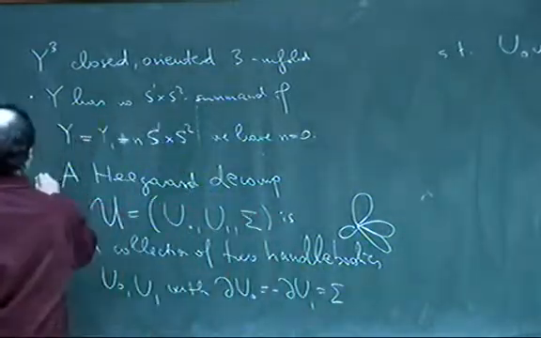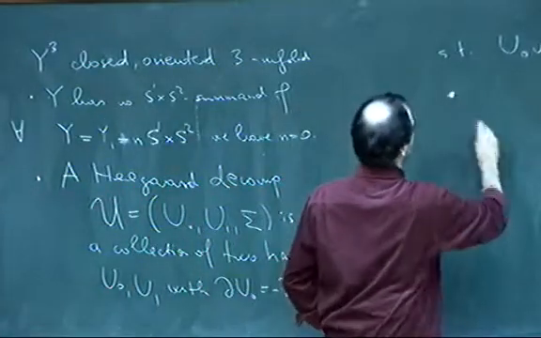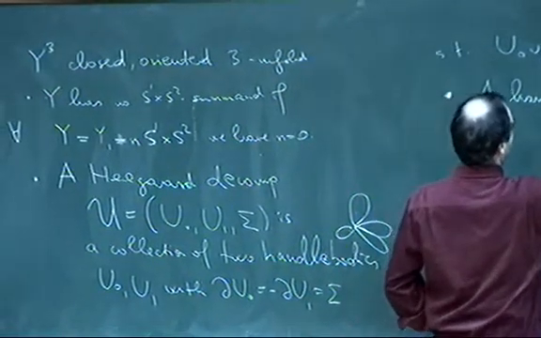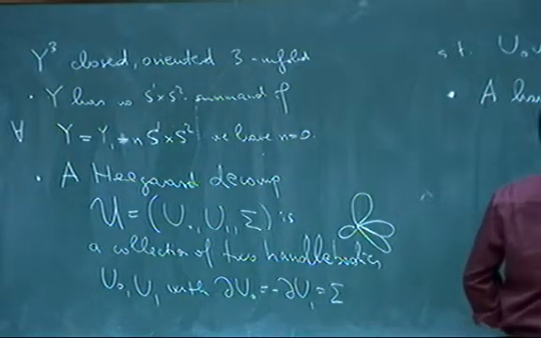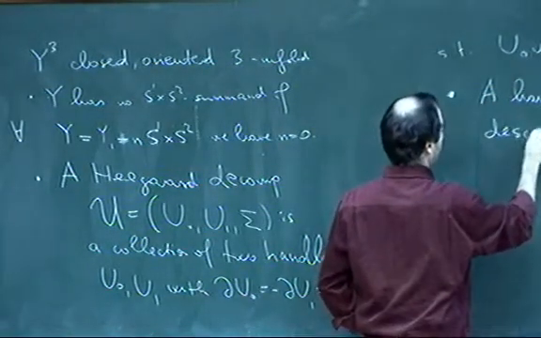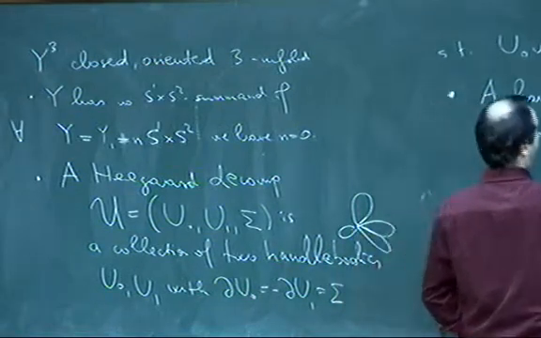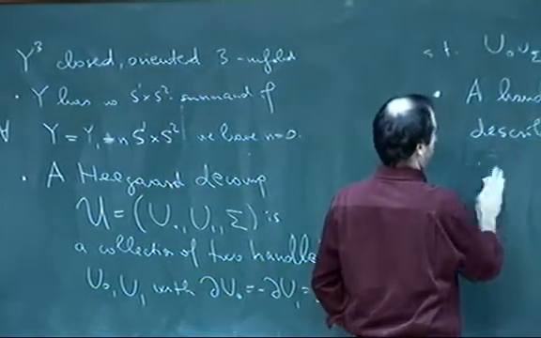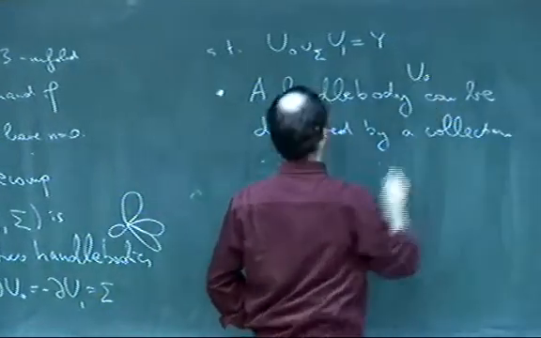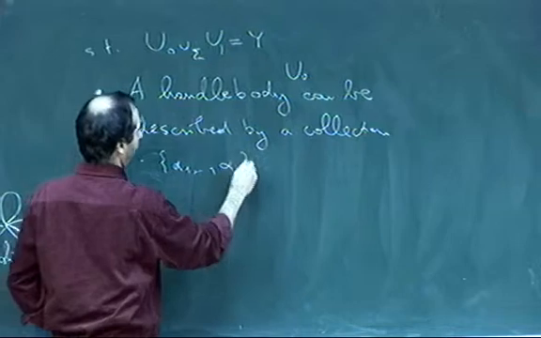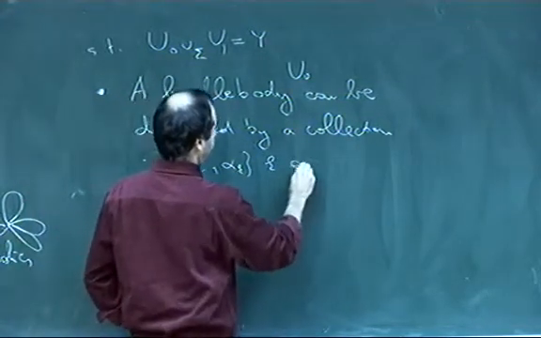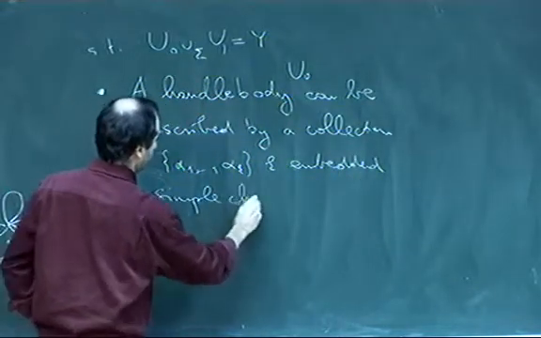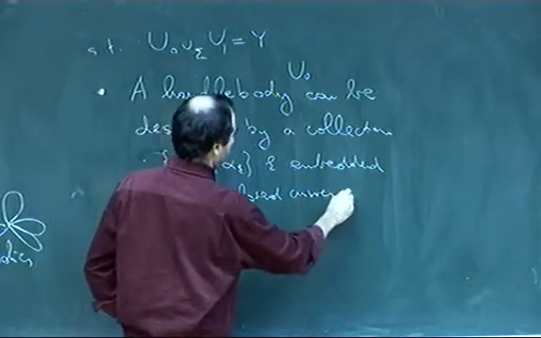so okay, next, a handle body U0 can be described by a collection of k simple closed curves embedded in sigma.